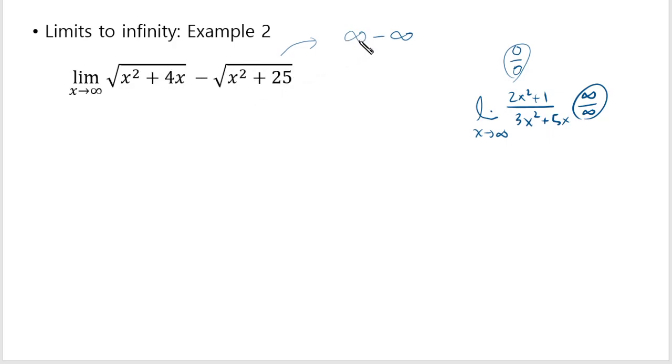Then even if it's infinity minus infinity, it could be infinity. Or if this is almost the same as that, you might get 0, but it could be just that this is only outpacing this by a little bit. And actually that's the case. You'll be surprised to find that this limit actually gives you a finite value.